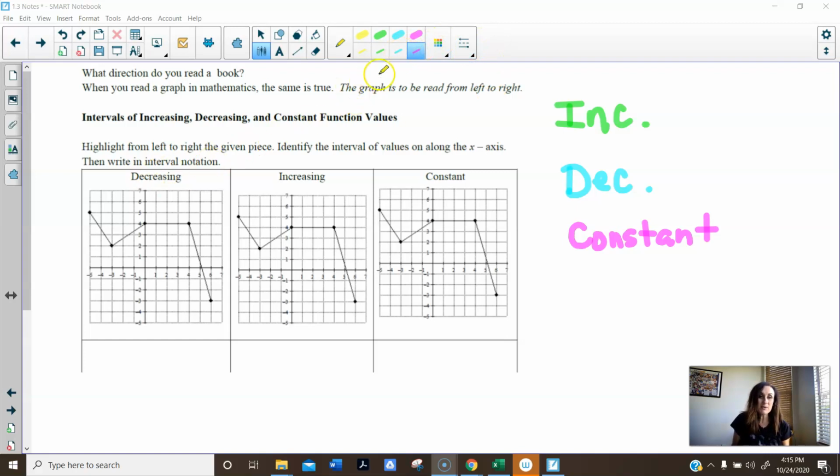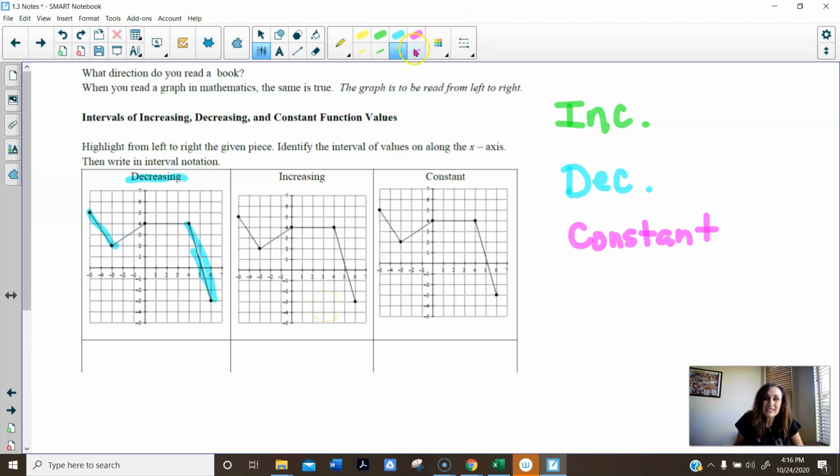If I'm supposed to highlight the decreasing in this graph, I think I want to do the blue. Let's redo that. From here to here, it decreases, and then we have an increase, a constant, and a decrease.